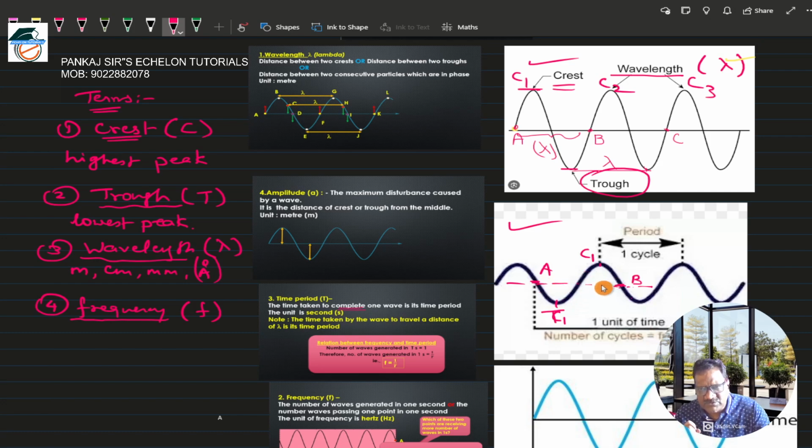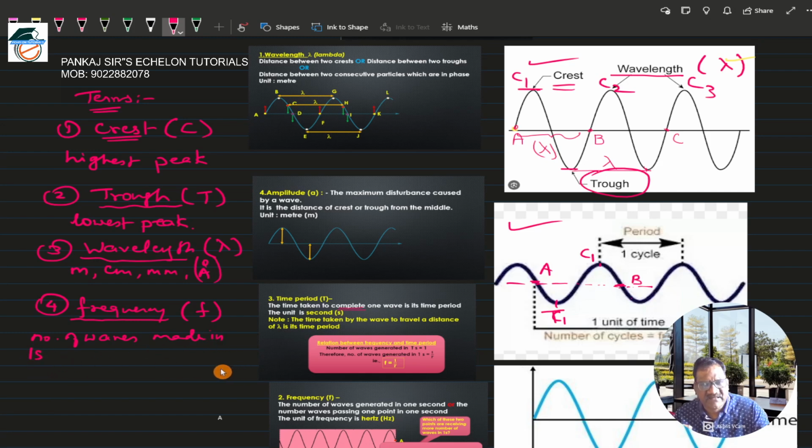This is also known as one frequency. So one wave is equal to one frequency, two waves, two frequency, three waves, three frequency. But when you use the word frequency, it should be associated with 1 second. So what is frequency? Frequency is the number of waves made in 1 second.